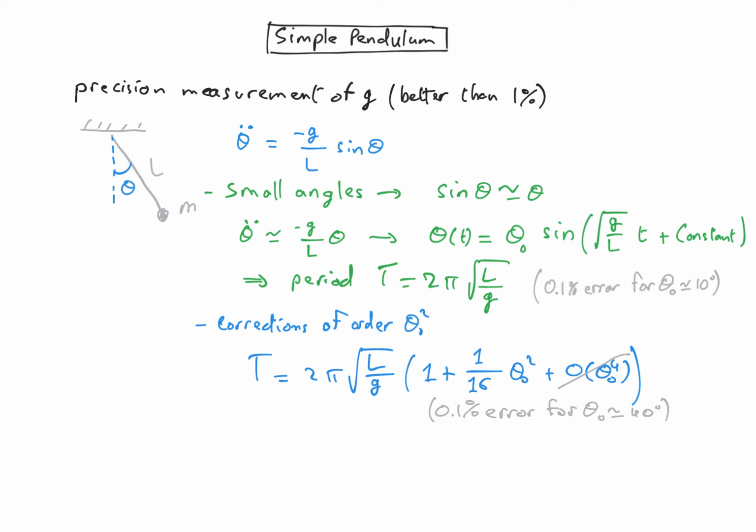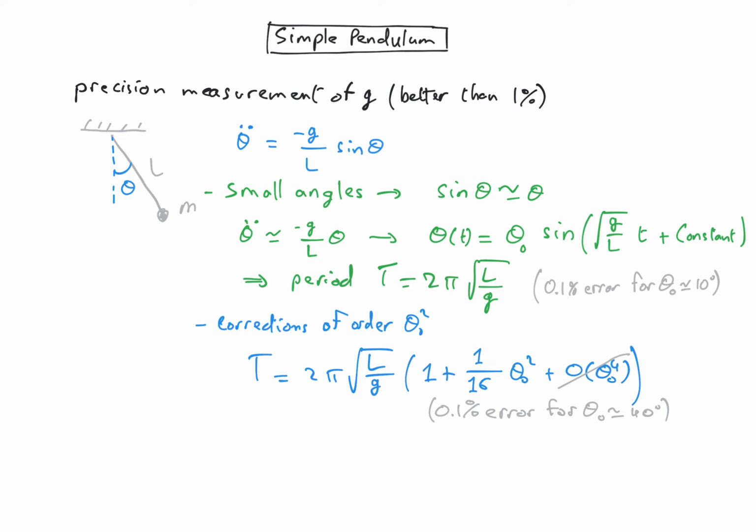So one way, for instance, to get better uncertainties is to not measure the period for just one oscillation, but actually for a series of oscillations and then take the average. Of course, you don't want to do that for too many oscillations either, because after some point, the friction of the air acting on the bob will slow it down, and then the value of theta 0 will change.